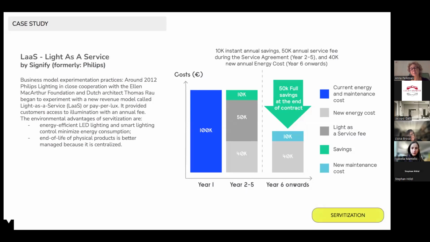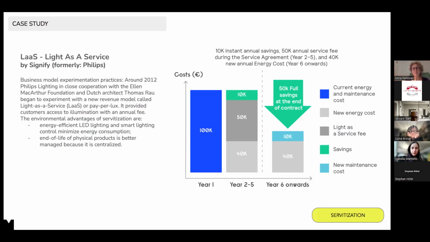The most famous example in the lighting sector of this servitization is Light as a Service by Signify, which you probably know very well. This is a policy that started in 2012 by Philips Lighting in collaboration with the Ellen MacArthur Foundation, where the lighting service was redesigned by creating an offer that would sell light and not the lamp.